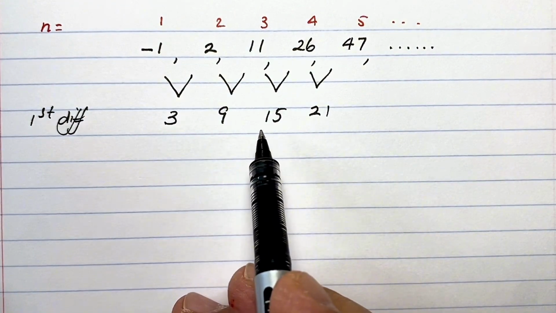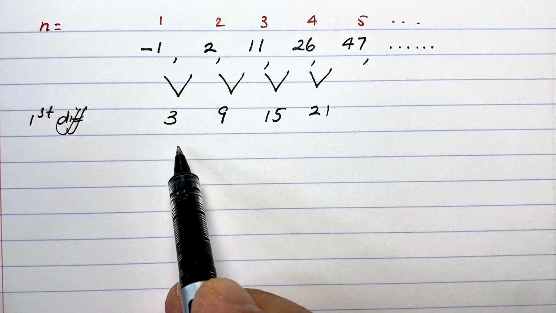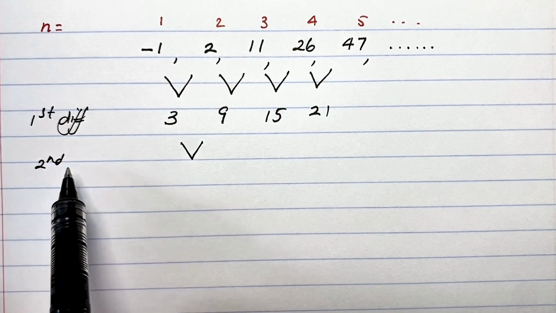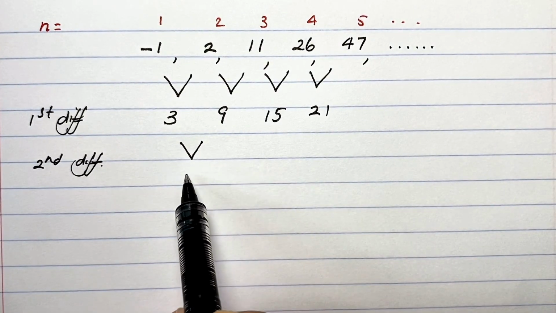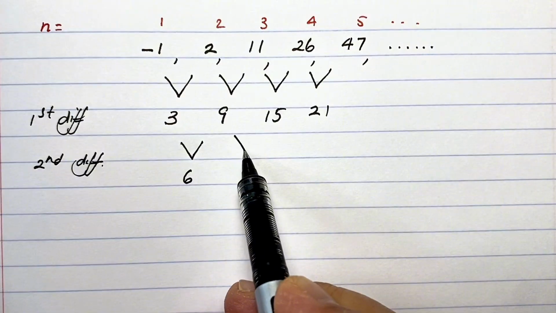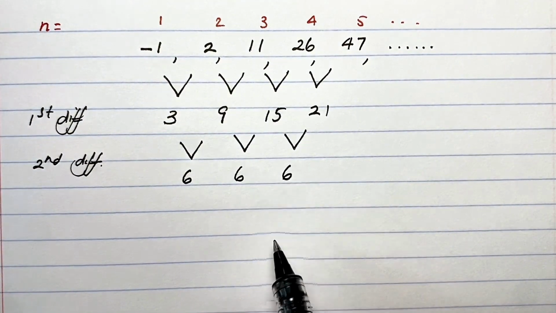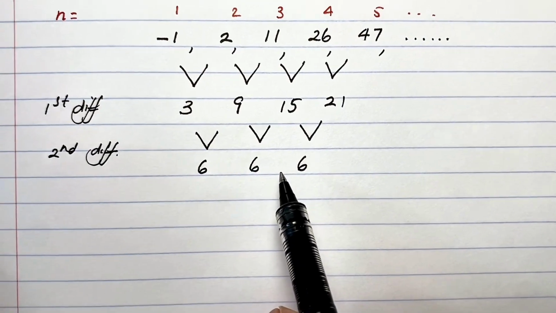As you can see, the first differences aren't a repeating constant. So I'm going for the second difference. 6. Okay, my second difference is a repeating constant of 6.